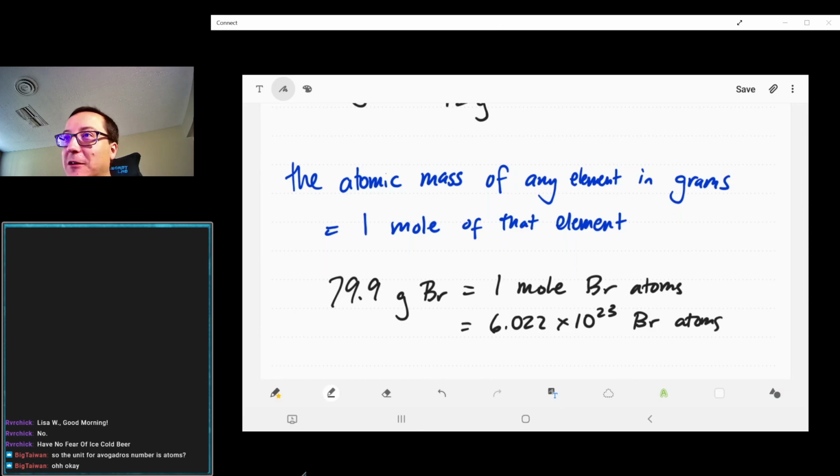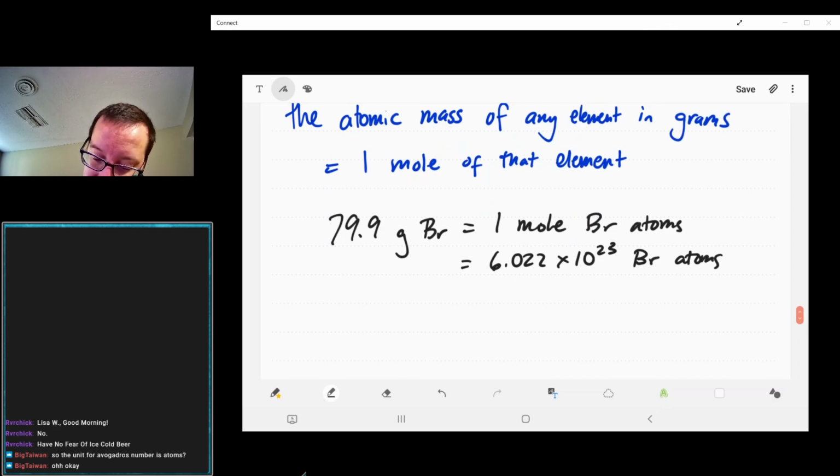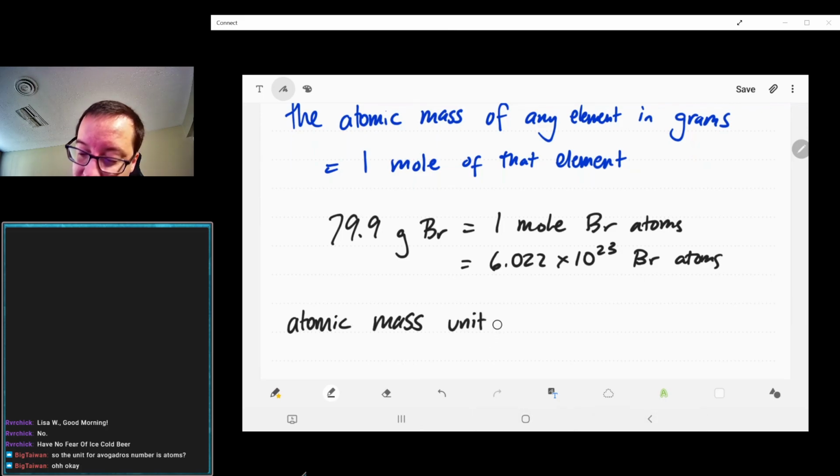So we're going to see that the atomic mass unit will be equal to the unit of grams per mole. Mole is abbreviated mol because why not? Let's just take off one letter and make it shorter somehow.